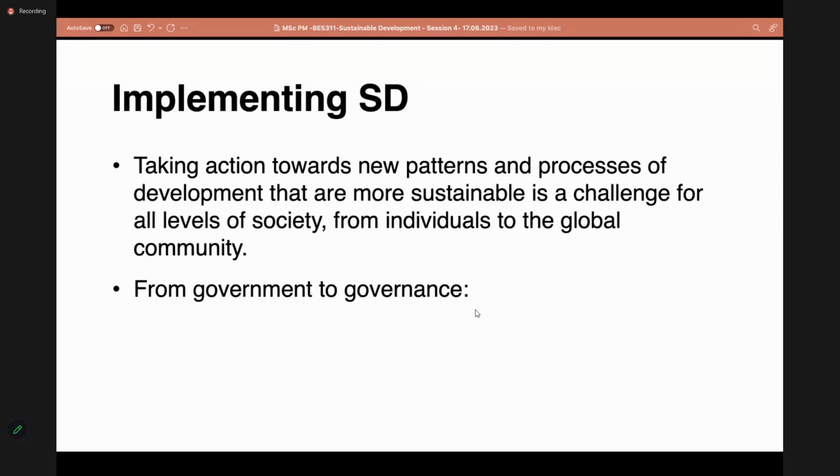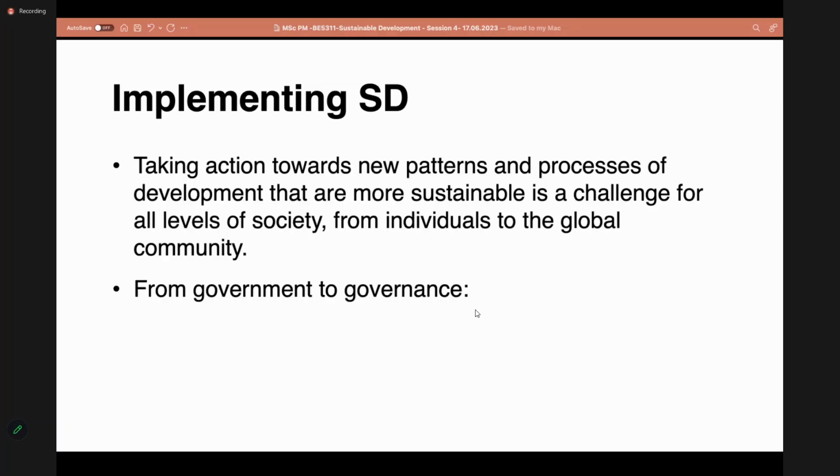And taking these types of actions needs stakeholders at different levels, from us as individuals to the community level, national government level, and even the global community level, to get together and work together to put these ideas into practice.